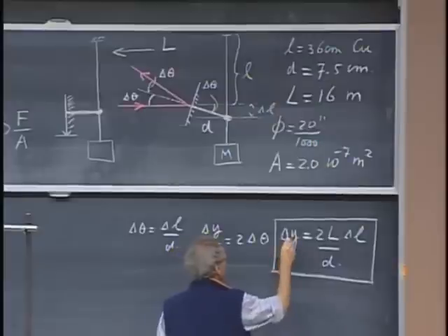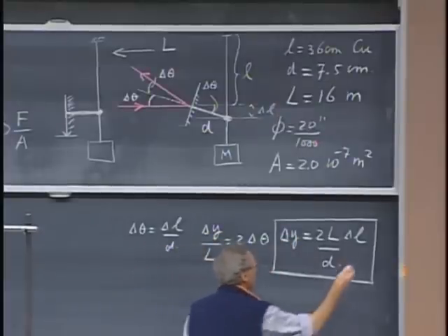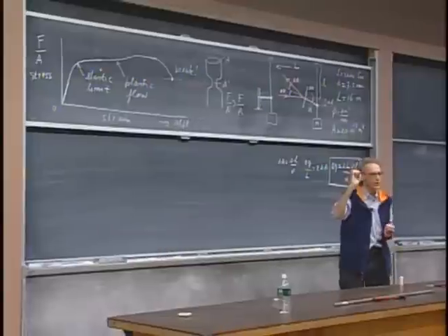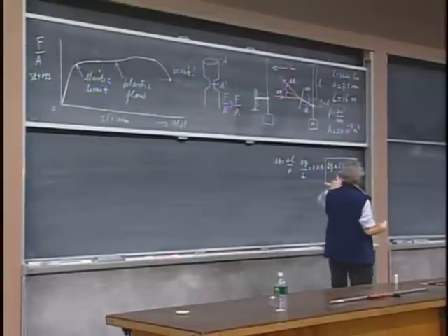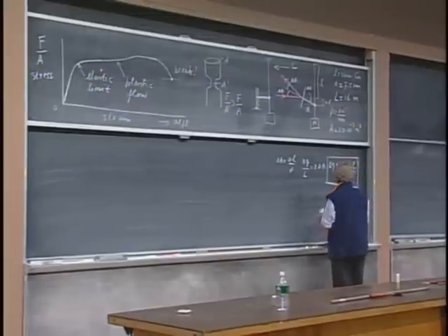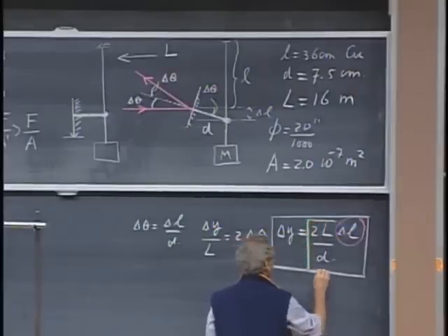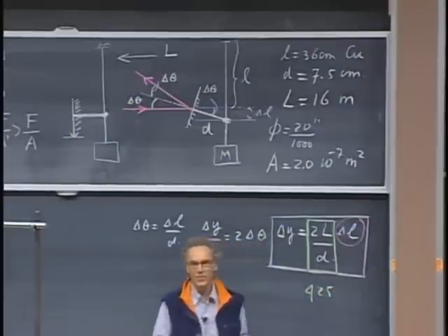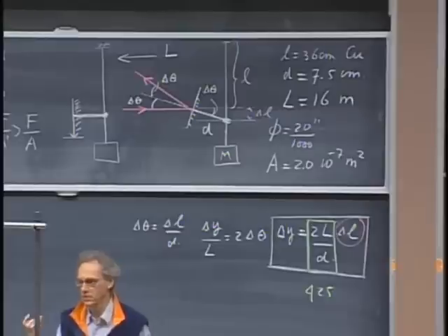We have converted something that is immeasurable, delta L, which is a fraction of a millimeter, to something on the wall that we can measure, because this ratio 2L over D, for the dimensions that I have chosen, is about 425. It's like a magnification factor.